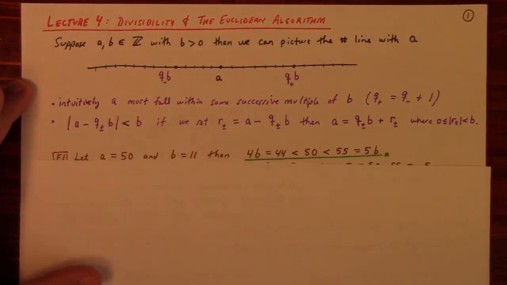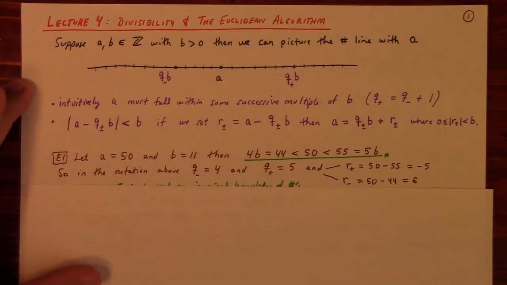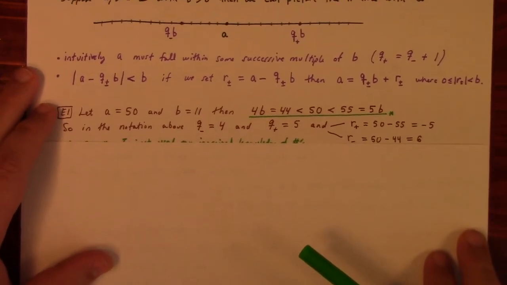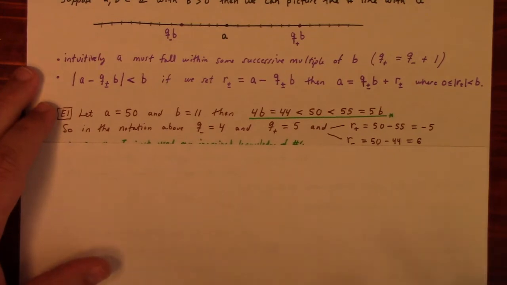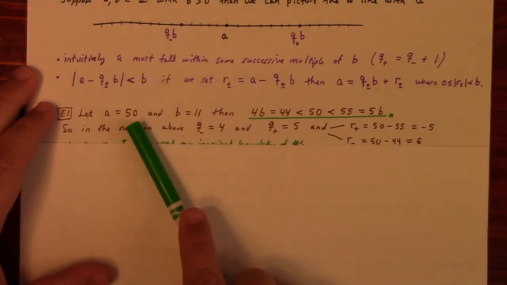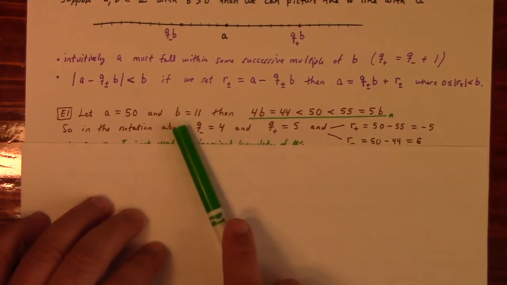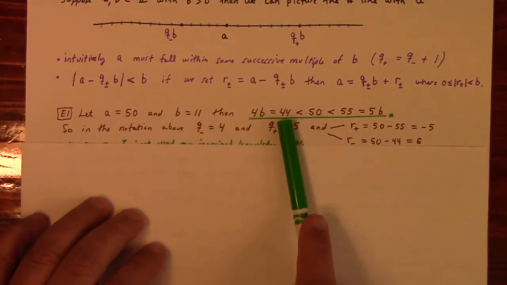Now, here's an example. We could take a to be 50 and b to be 11, and if you just think about it, you can see that 50 is between 44 and 55.